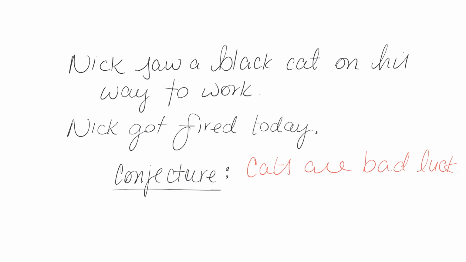So this is inductive reasoning. Do I have any proof that this happened? No. Is it possible cats are bad luck? Sure. Is it also possible that Nick was late again for the 20th time and got fired? Totally. So that's an example of using inductive reasoning and creating a conjecture.